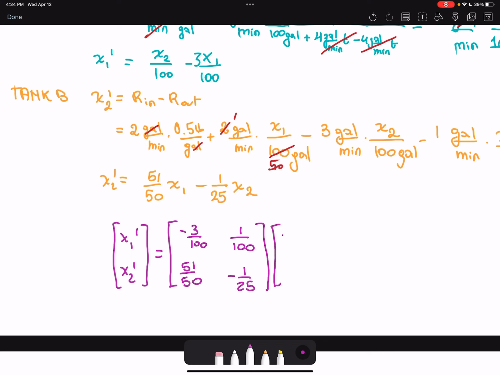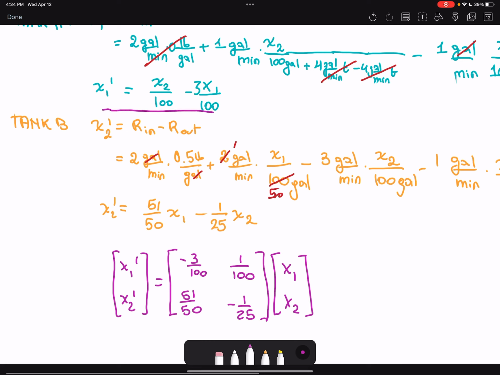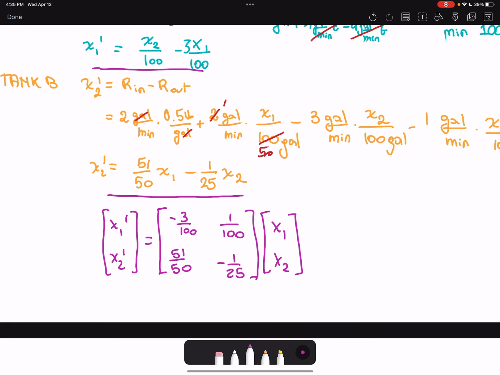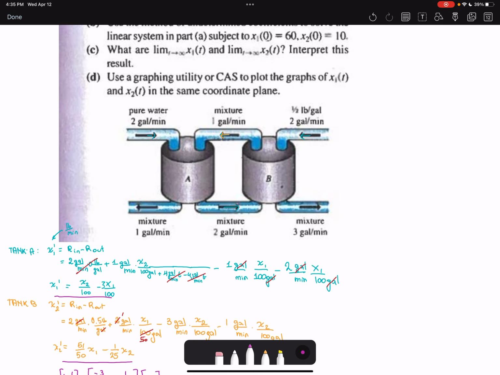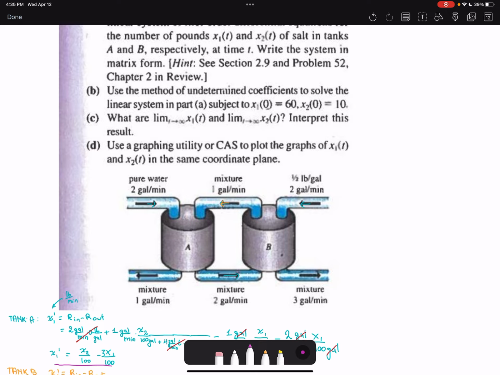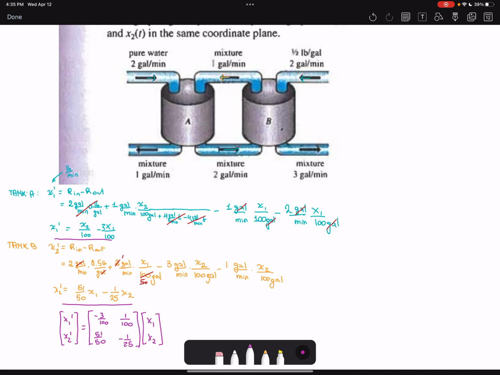And here we're going to have x1 and x2. This one, some people might be confused about this step, but if you multiply it out and execute the matrix multiplication, you'll get these two things. Just maybe you'll have this term here, but it's still the same thing. So this is our model, and I think we have fulfilled the request of part A. All right, I'll see you later for part B.